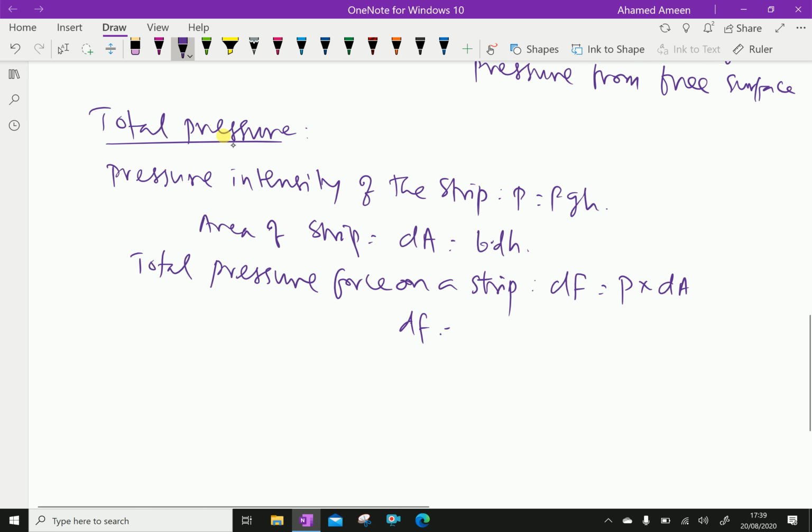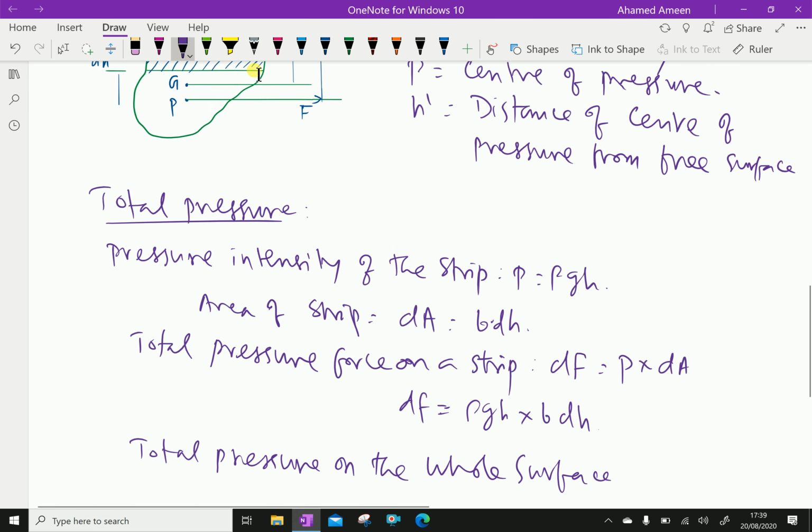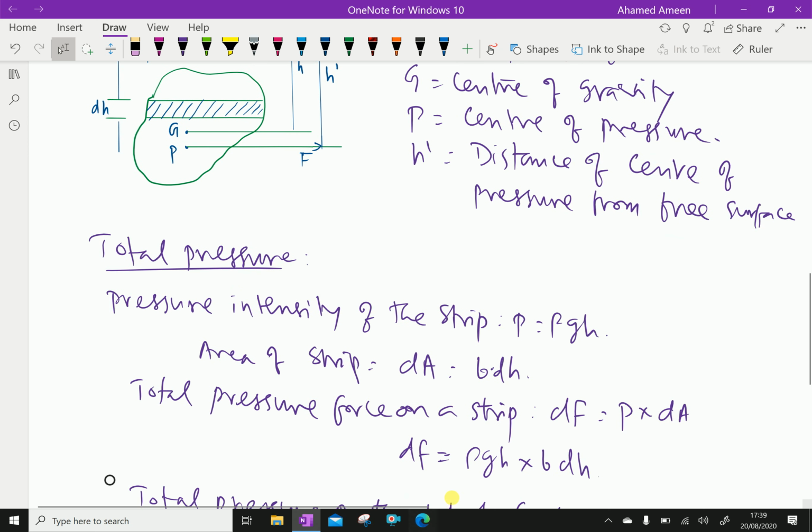Therefore dF we can write as rho g h into b dh. Now the total pressure on the whole surface. Here the total pressure on this strip is rho g h b dh.